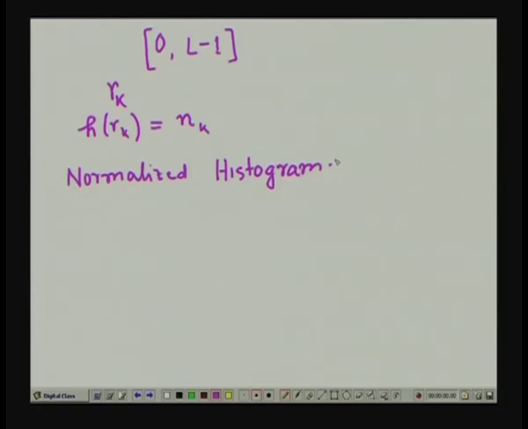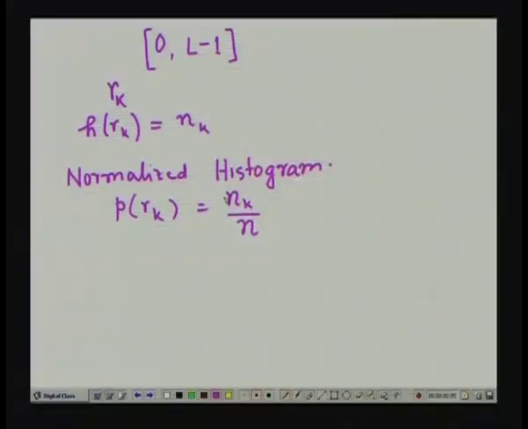The normalized histogram is represented as p(r k) equal to n k by n, where, as before, n k is the number of pixels having intensity value r k, and n is the total number of pixels in the digital image.